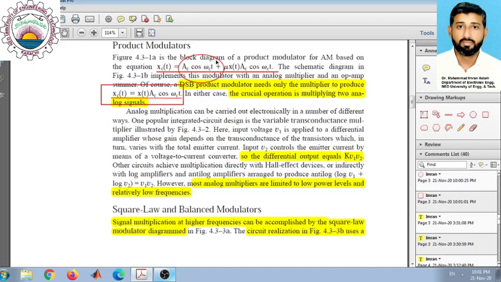So you can see that we can use this type of circuit to generate AM signals as well as DSB signals that can be used for AM transmission.